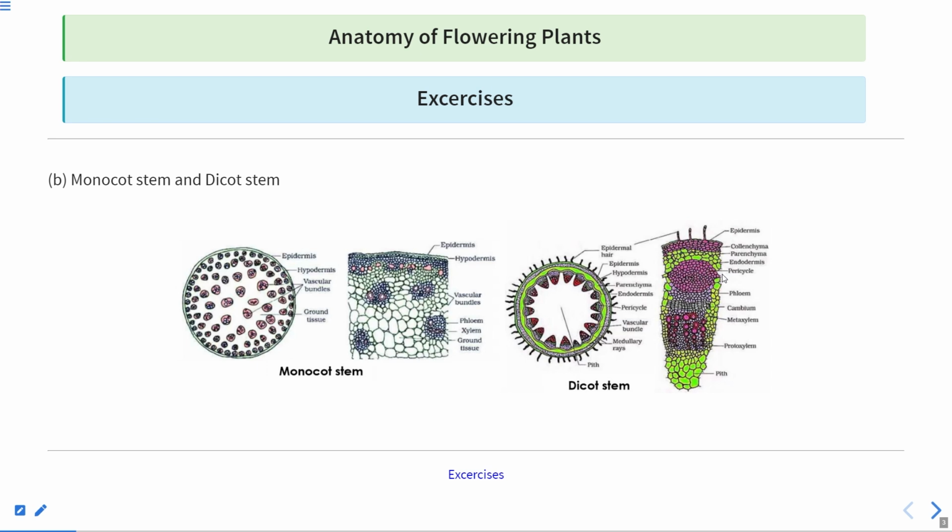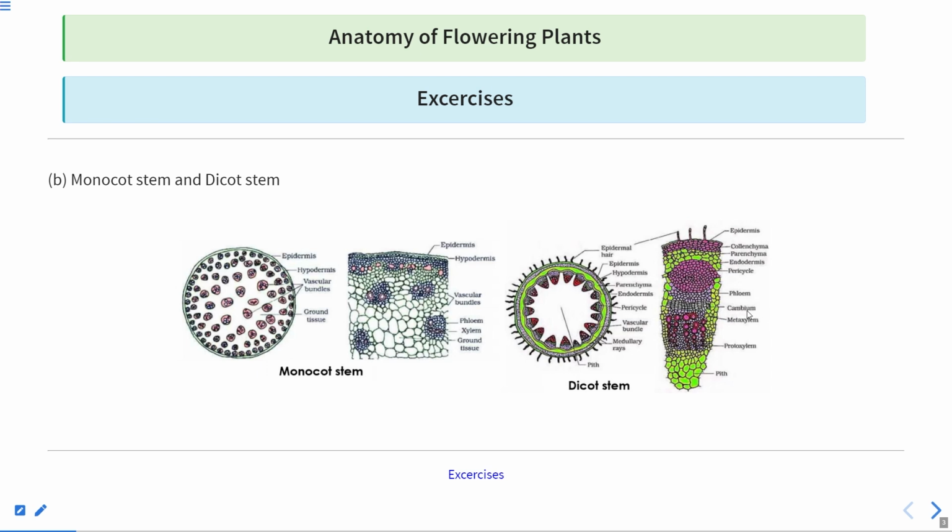And you can see here the layer of endodermis and many layers of pericycle. The pericycle is well grown in the case of the dicot stem, and the endodermis and pericycle are totally absent in the case of the monocot stem, right? Now, if you see the vascular bundle here, it is the conjoint type, with xylem and phloem, and in between you can see the cambium layer.